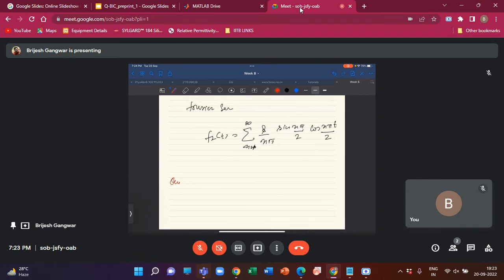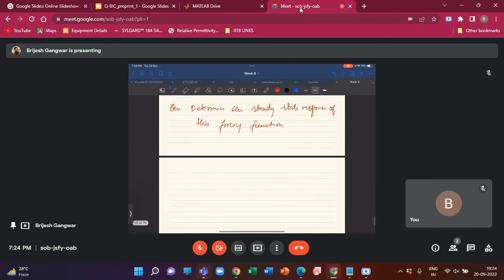So we have to determine the steady state response of this forcing function. Okay, so we have to find the steady state.